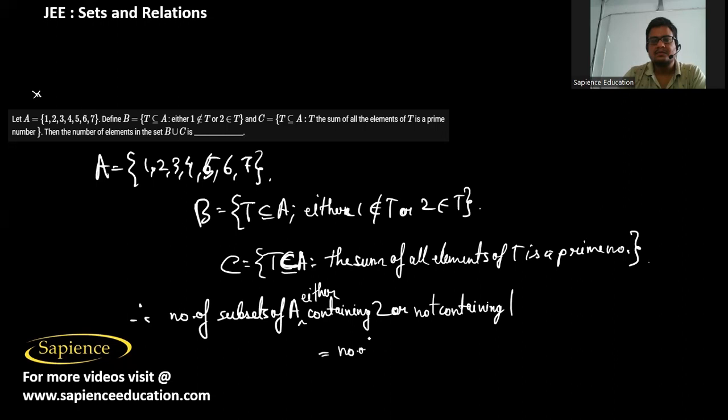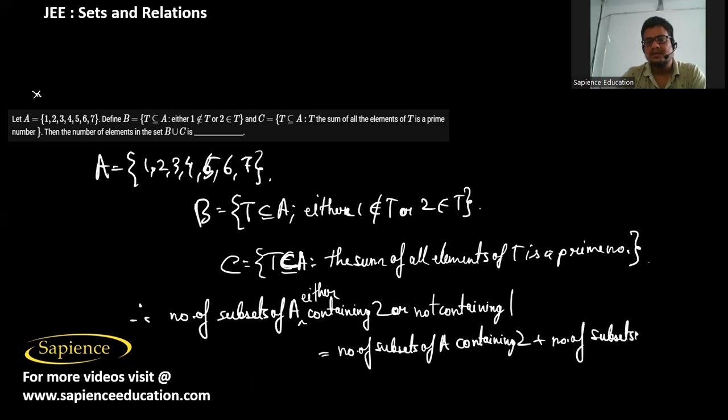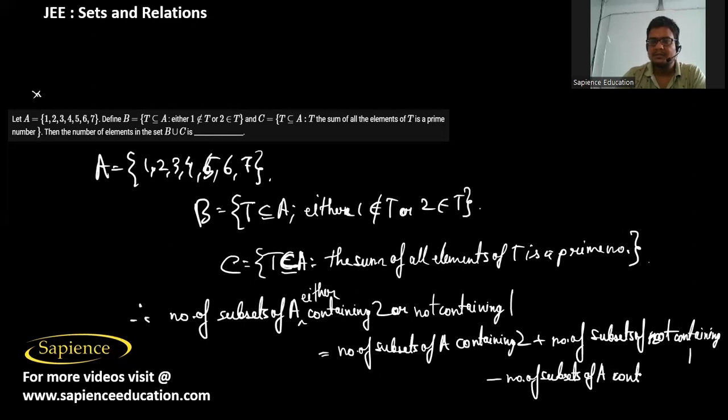So that will be equal to the number of subsets of A containing 2 plus the number of subsets of A not containing 1, minus the number of subsets of A not containing 1 and containing 2.